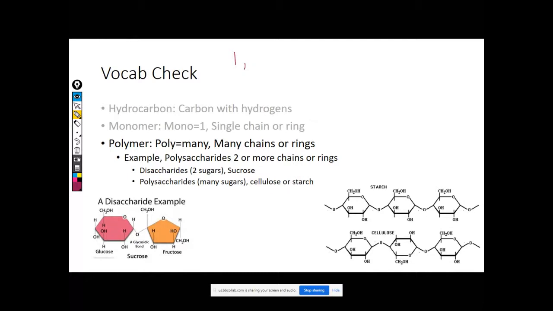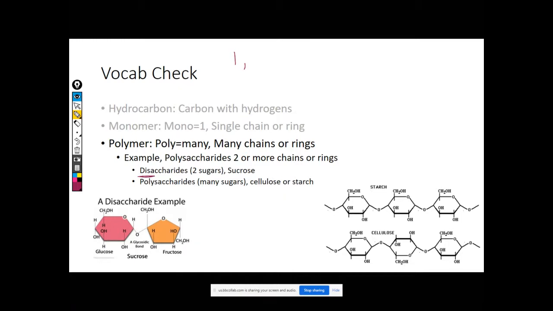So now we have polymer, or polysaccharides, a polysugar. Poly just means many. And this is where we get lazy. So this can be a disaccharide. Think di or bi, as in 2.